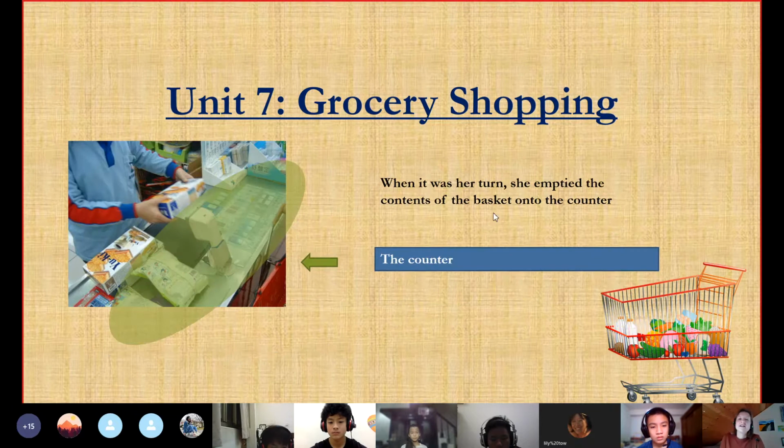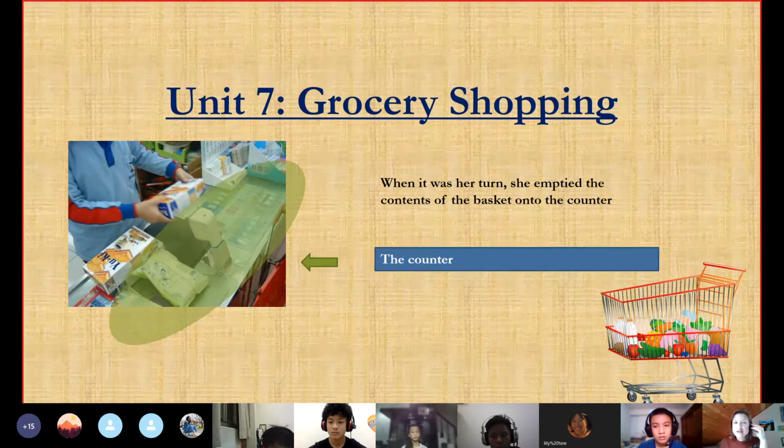Okay, and then the counter is, I don't know, maybe Ryan, can you try to explain? We can see it here in this picture. What is the counter? Some cookies. So careful. The cookies are actually food, right?